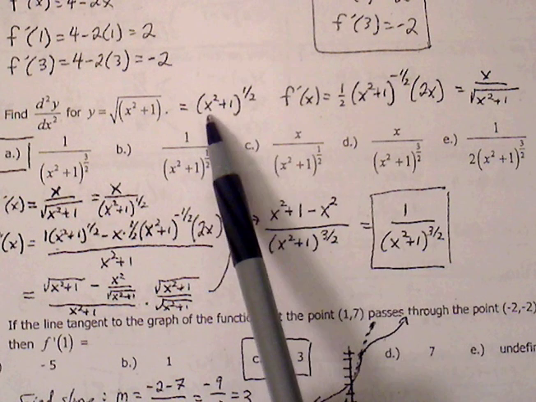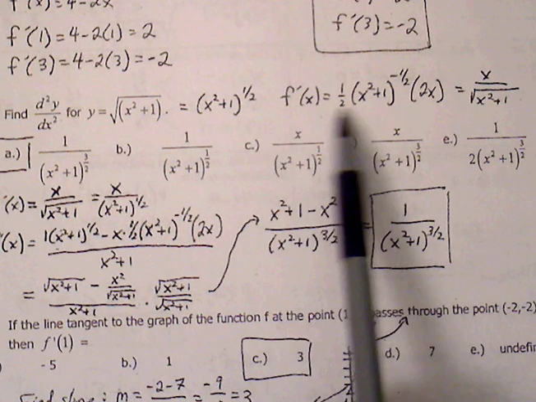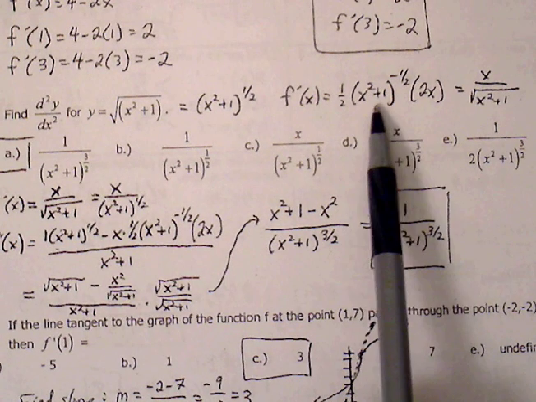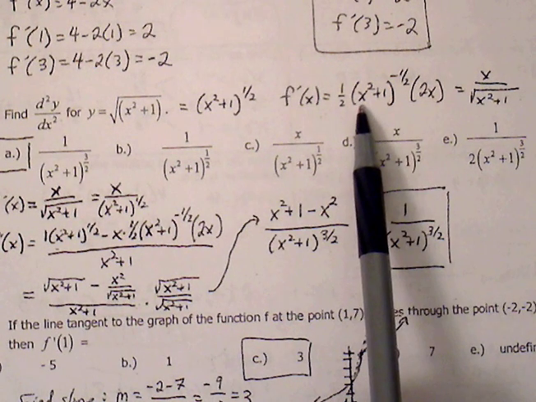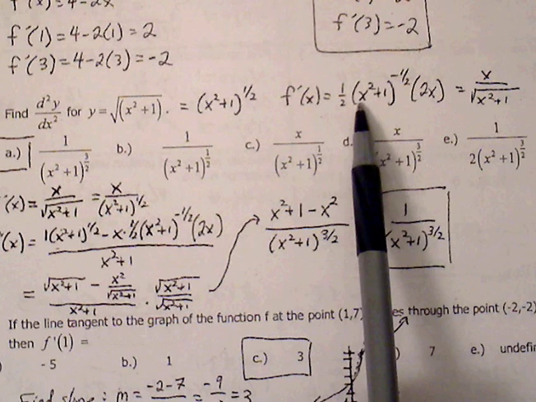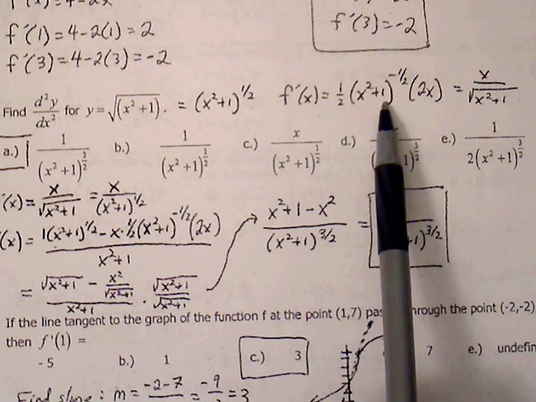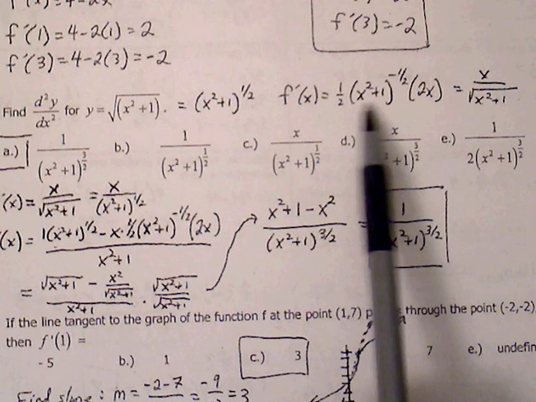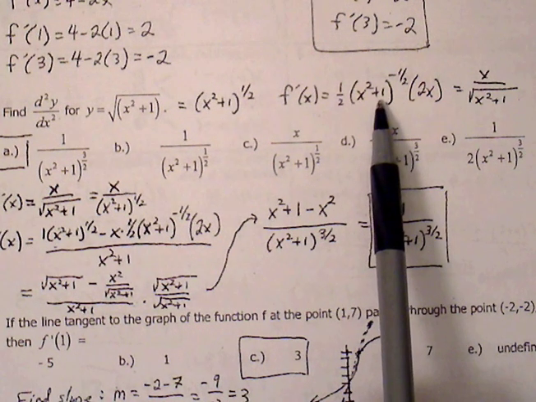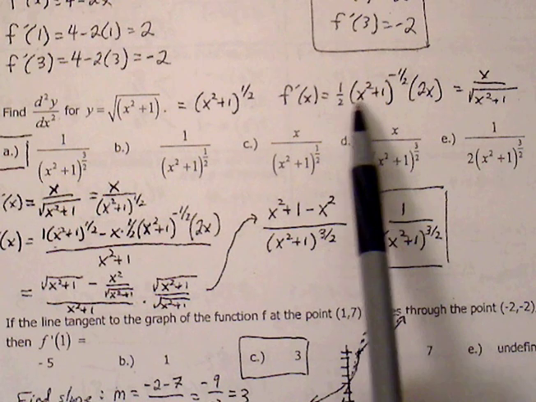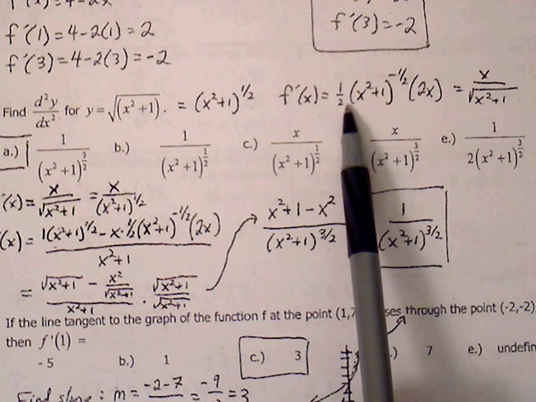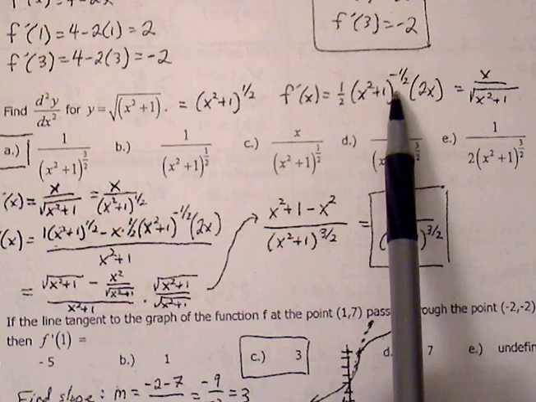So the derivative for x to the 1/2 is just 1/2 x to the negative 1/2. Okay, but we leave the inside function untouched, since we haven't gotten to the inside function derivative yet. So outside function derivative, 1/2 parentheses to the negative 1/2.